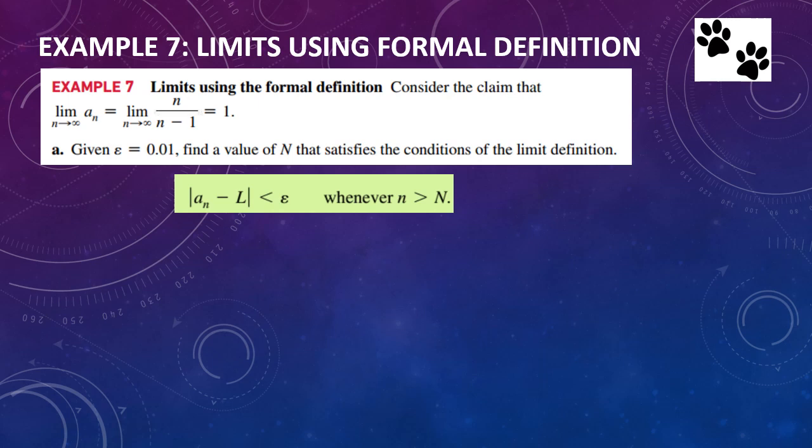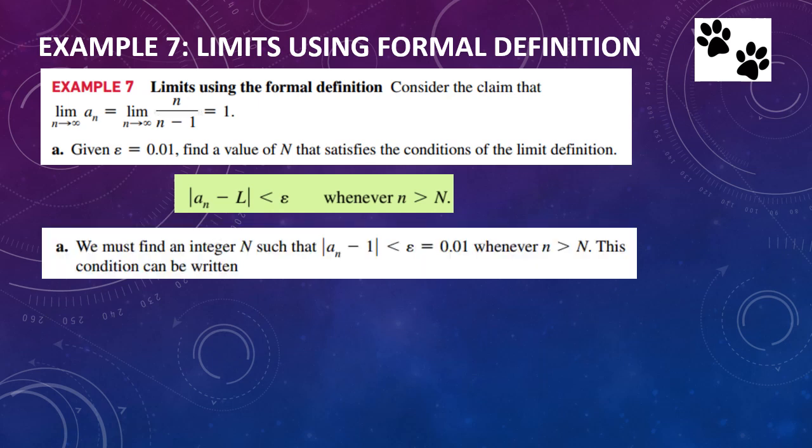So basically, I'm substituting values into this whole tolerance formula so that I can then solve for n when it'll meet the conditions of this formula. Epsilon is 0.01. The limit L is 1. And a sub n is n over n minus 1.